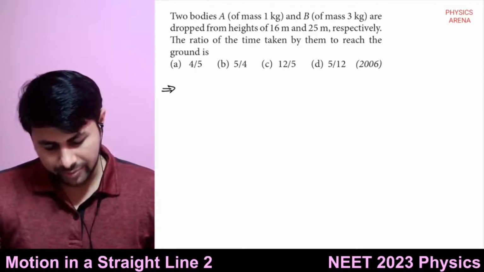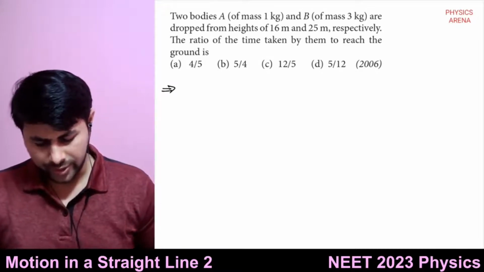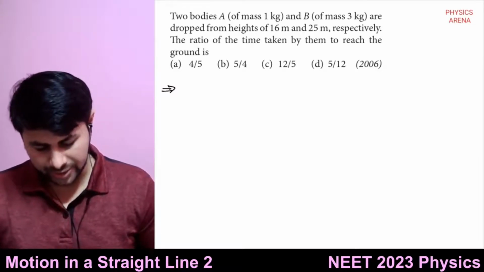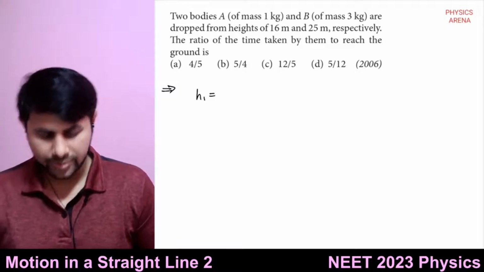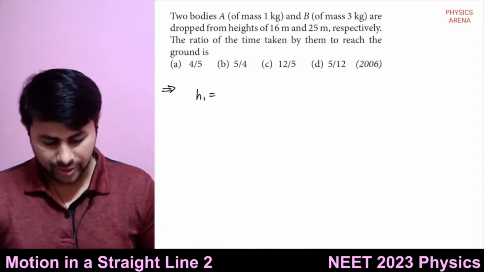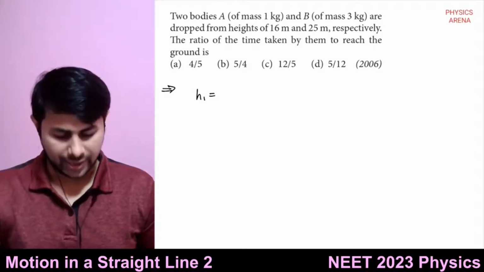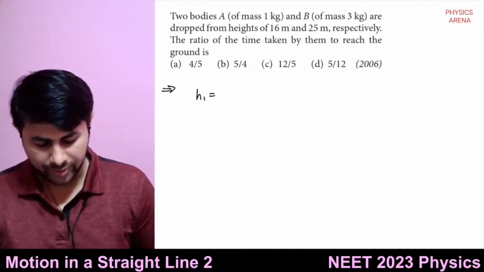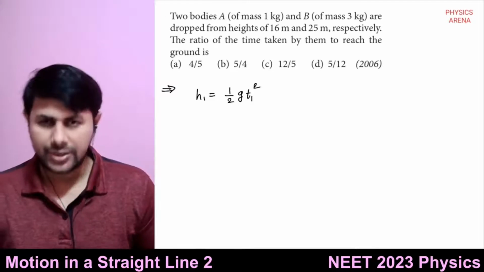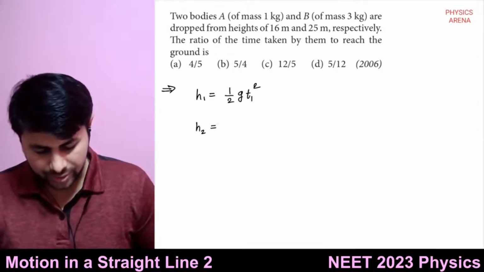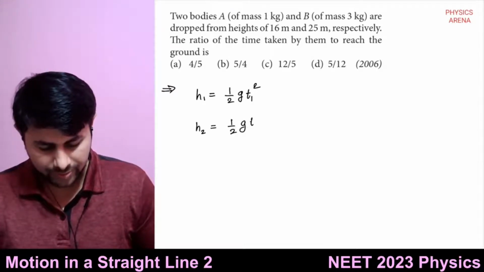So the ratio of time taken by them to reach the ground. First one is dropped from the height of 16 meters. So we know h1 is 16 meter. It is just released from that height, it is not thrown with any velocity. It is half of g multiplied by t1 square, and h2 is equal to half of g multiplied by t2 square.